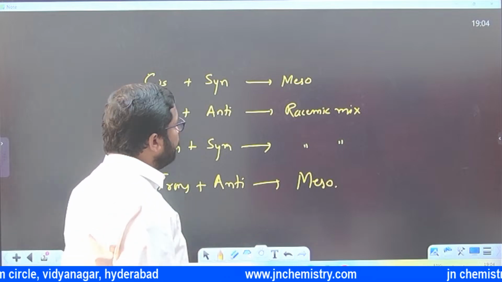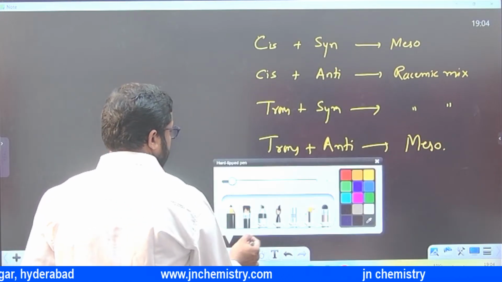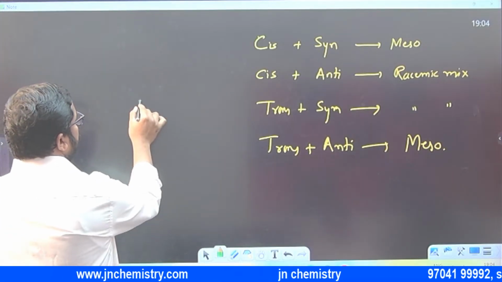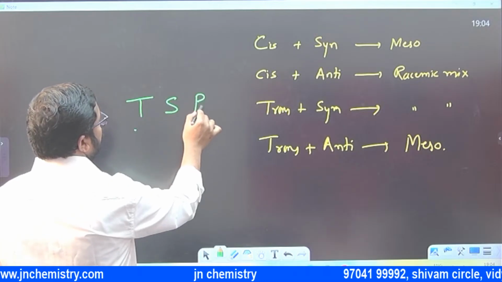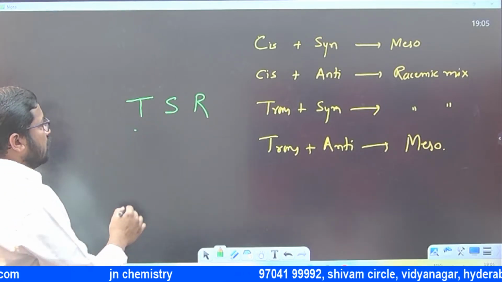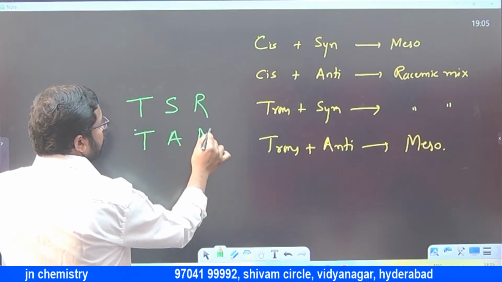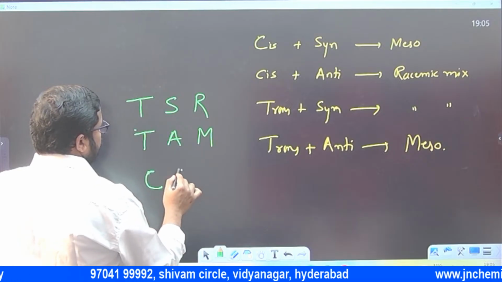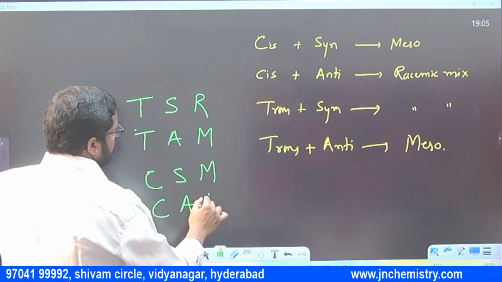If we know one, we can say the remaining easily. For example, TSR: trans, syn addition, racemic mixture. So trans anti-addition is meso. Cis syn addition is meso. Cis anti-addition is racemic.